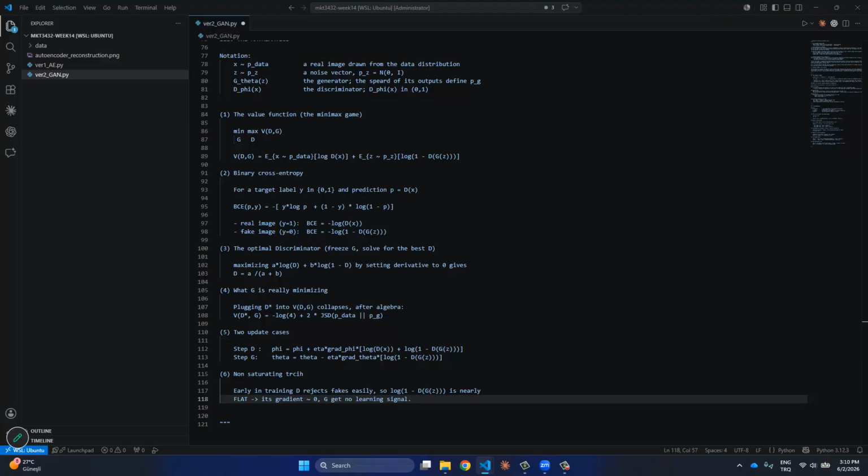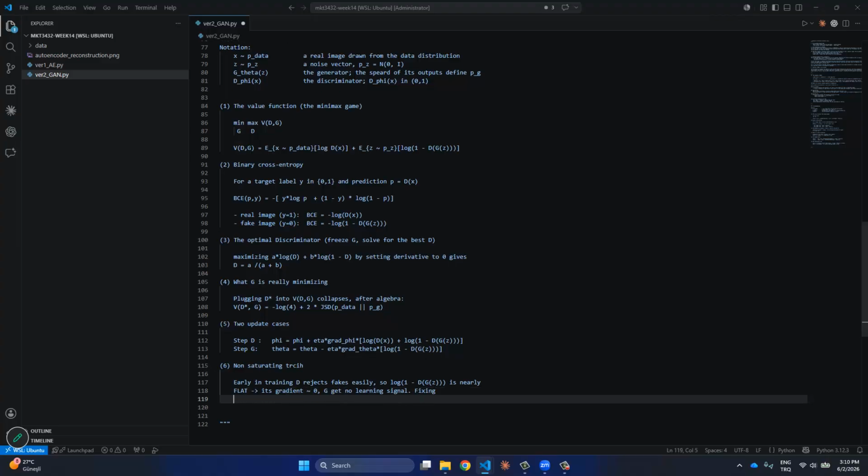And Goodfellow fixed this. Instead of having G minimize log(1 minus D(G(z))), we have G maximize log D(G(z)).